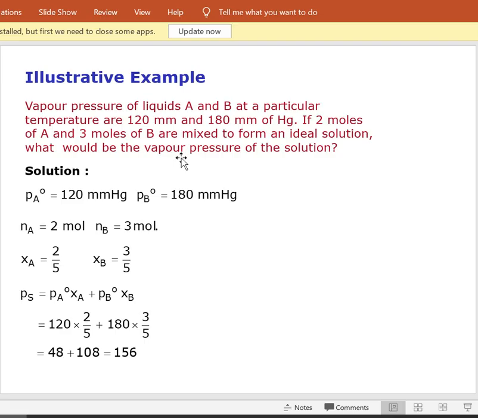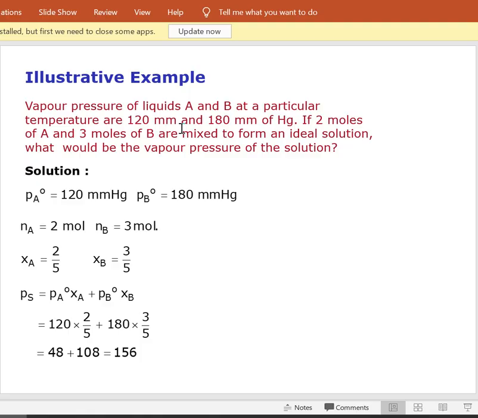You have to find the vapor pressure of the solution. For this, you have to calculate the mole fraction of both components according to Raoult's law: mole fraction of A and mole fraction of B. See the values of P given: for A, that is 120, for the component B, that is 180, and the number of moles 2 for A and 3 for B. It means the value of Na is equal to 2, the value of Nb is equal to 3.